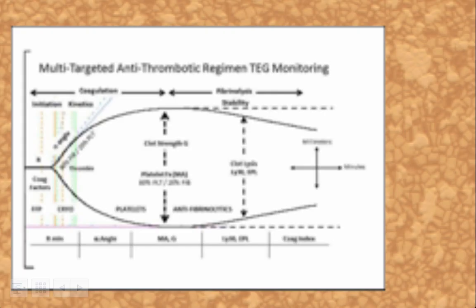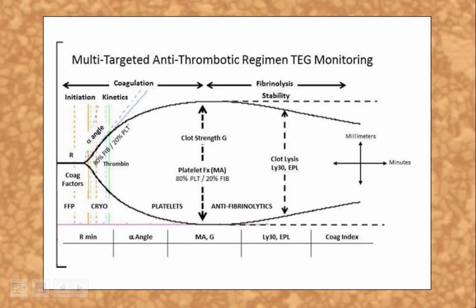This is a graphic representation of a TEG tracing, which includes the test results like R and alpha angle and MA and LY30, but it also has the blood product that you would use to treat each individual test result. In this case, the last thing we talked about was platelets, and you can see that if you're reading a TEG trace, the platelet function is recorded in the MA variable.